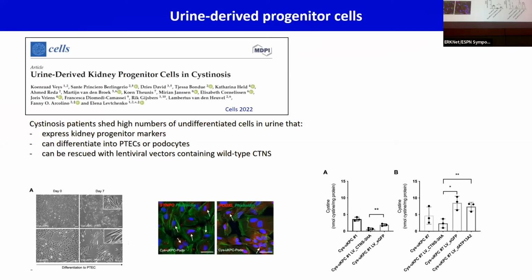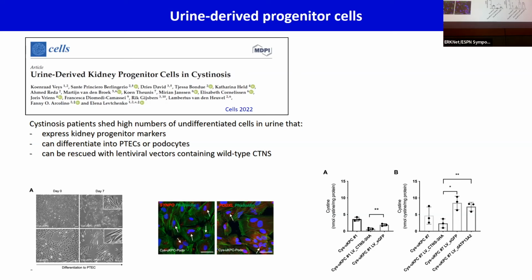I would just mention this initial work from the laboratory of Elena Levchenko. What they have found is that you could recover a lot of undifferentiated cells from the urine of patients with cystinosis, and that these cells express kidney progenitor markers, and they could be differentiated into podocytes and into proximal tubular epithelial cells.